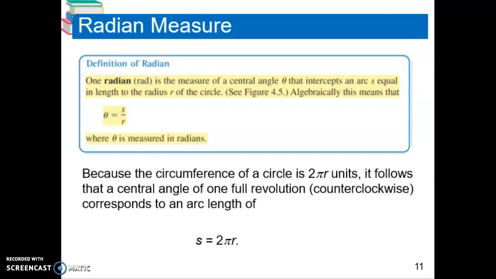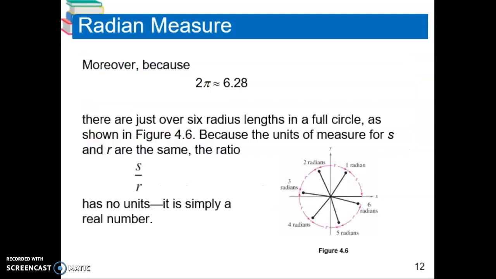So just remember, a full revolution corresponds to 2 pi radians. We can see that a little bit easier in this circle. If we take a radius length and lay it along the arc of a circle, we'll be able to lay a little bit more than 6 radians, to be exactly precise, about 6.28 radians, or exactly 2 pi.